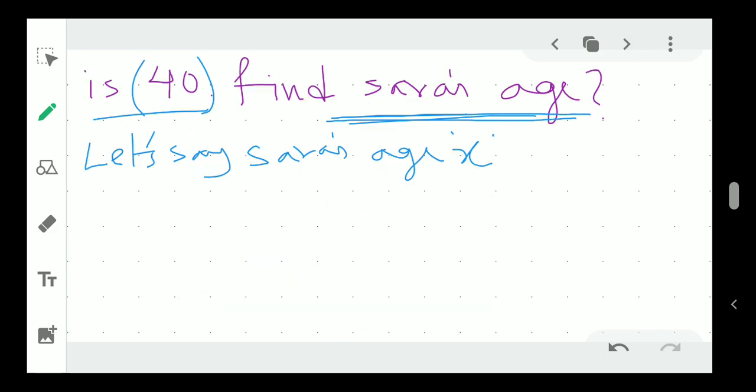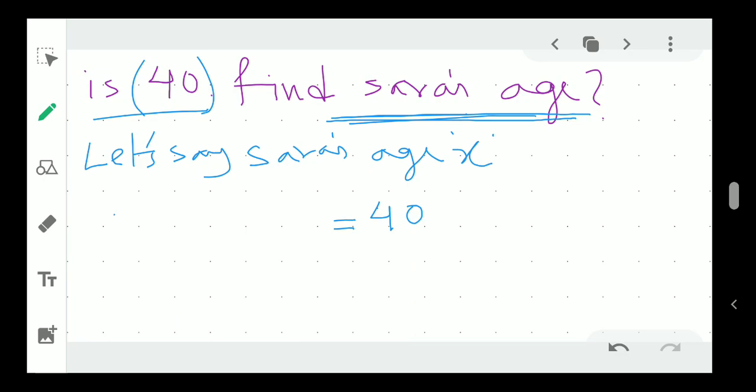What is the expression? If their total age is 40. So total age is 40 means in my equation 40 will be the reference thing. So 40 will be on the right hand side. And here I have to write their total age.